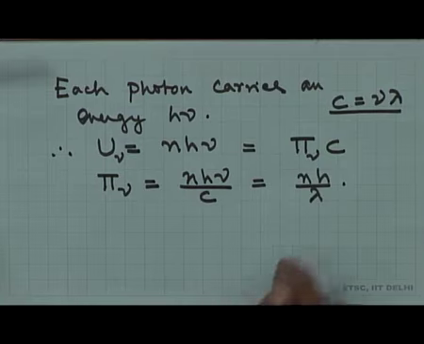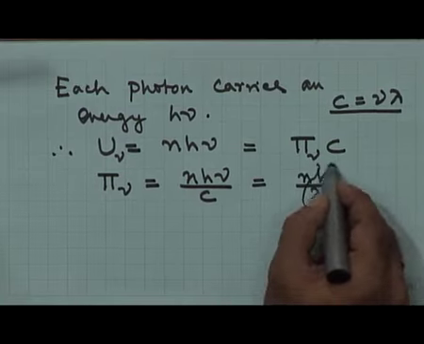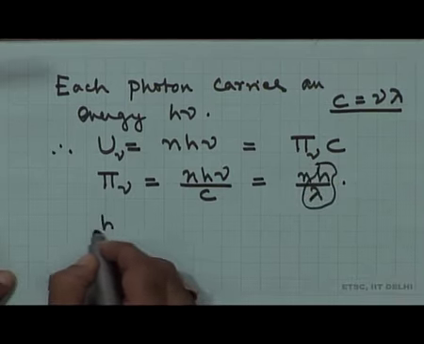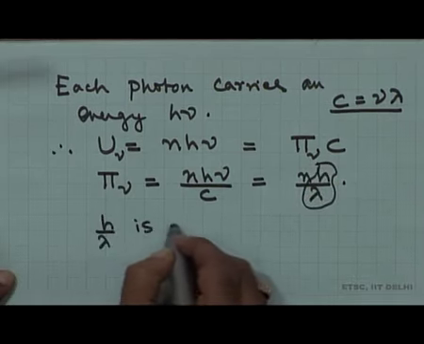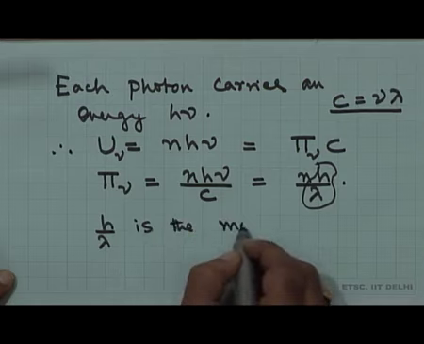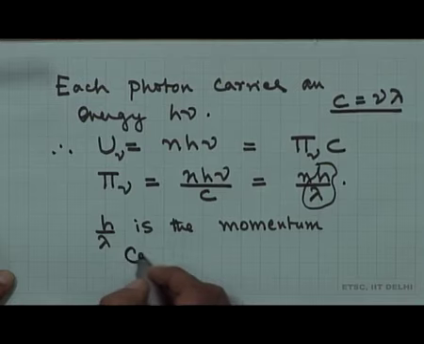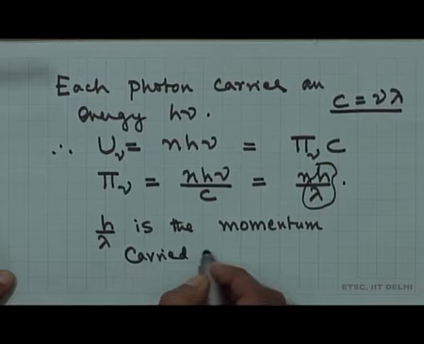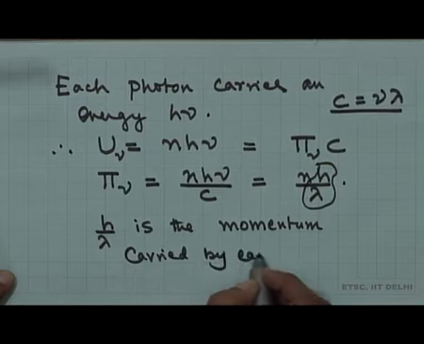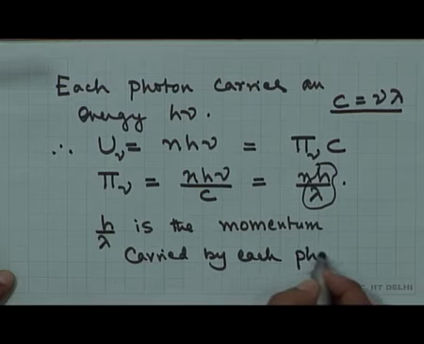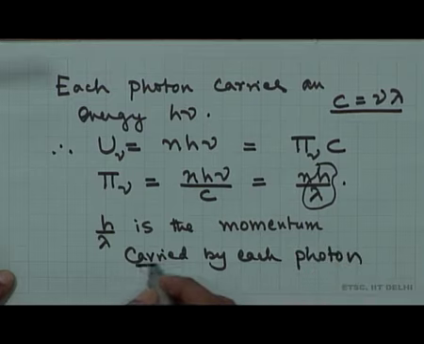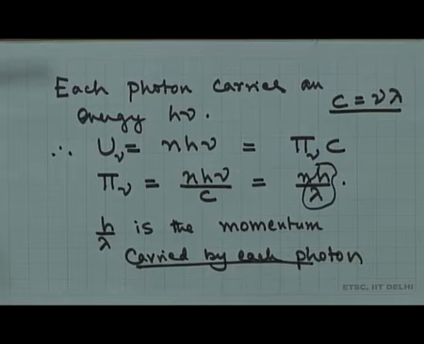So, there is a natural interpretation for this h by lambda. We say that h by lambda is the momentum carried by each photon.